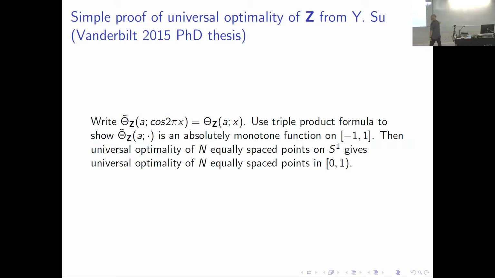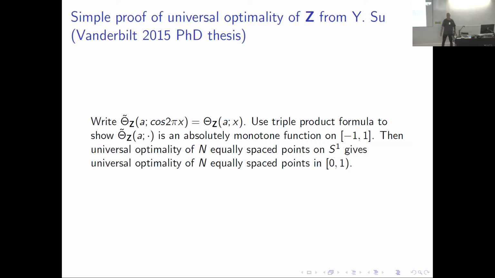What you need to know is that this function is what's called absolutely monotone as a function of this variable. Then you can use the universal optimality of equally spaced points on the circle to map back to the universal optimality on the line.